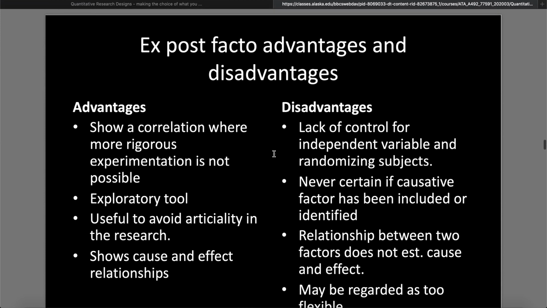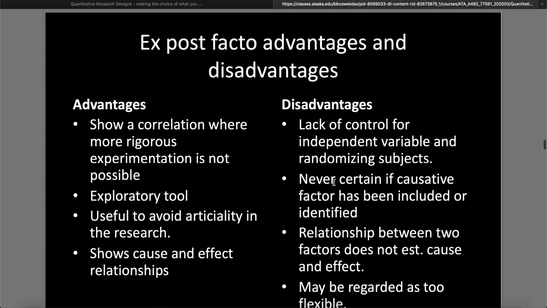So advantages. It does allow for correlational research in terms of statistics to see if there's any things that are related to each other or the causal factors. It's exploratory in the sense that you can examine data and see what relationships are to potentially look at future research. It does show cause and effect relationship.